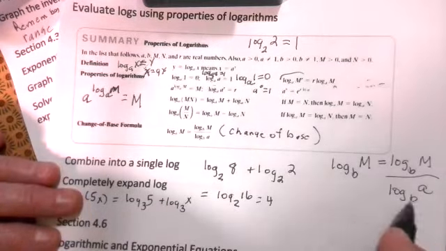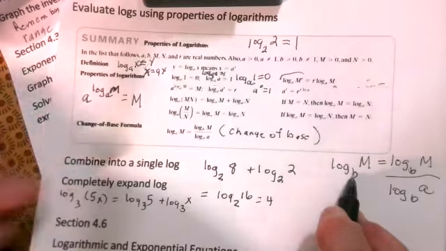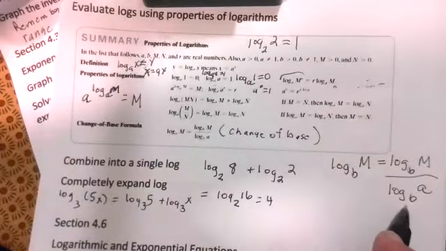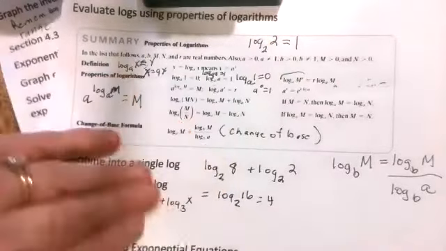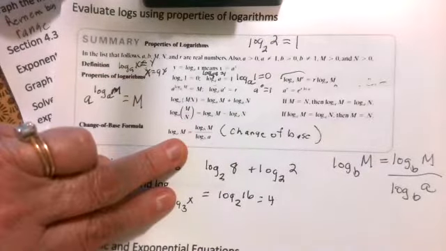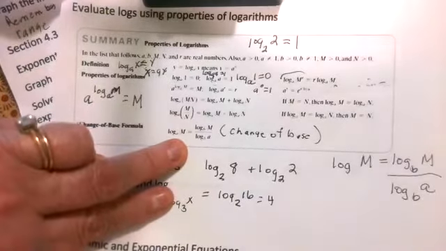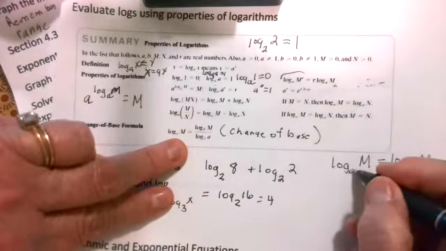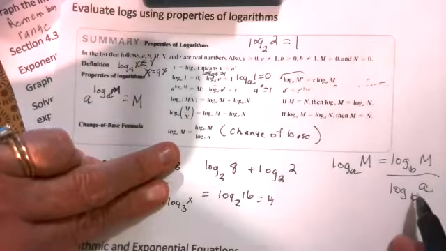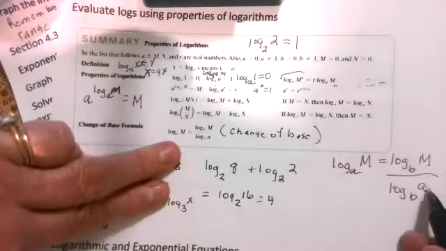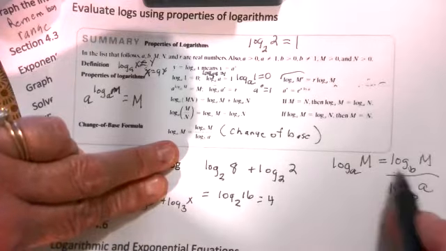So I remember it by whatever the base is... wait a minute. This is what I should have done. We're changing the base from A to B, so we're changing to log base B.